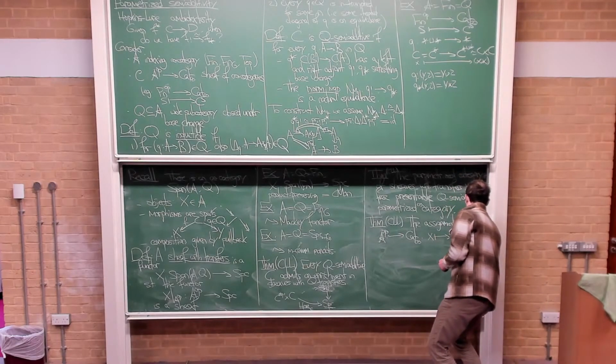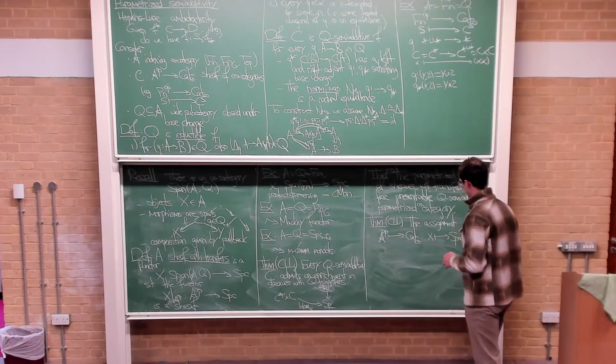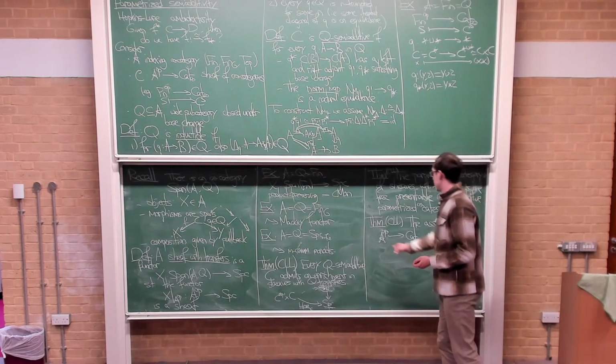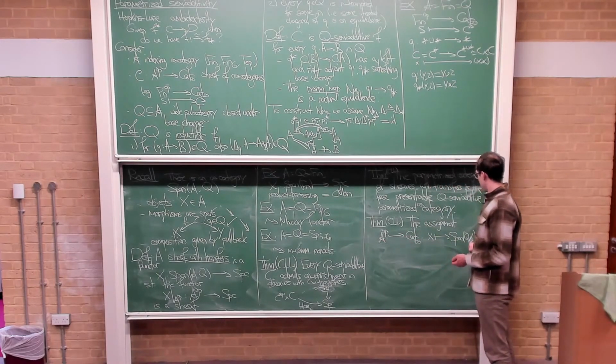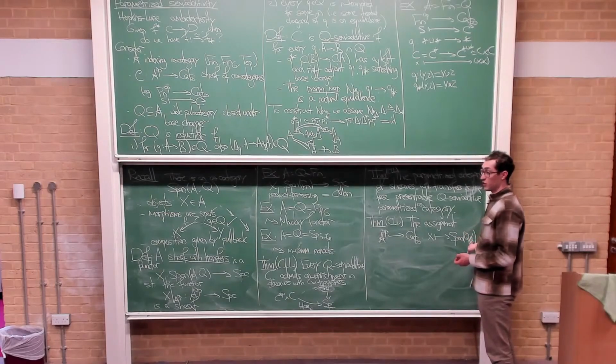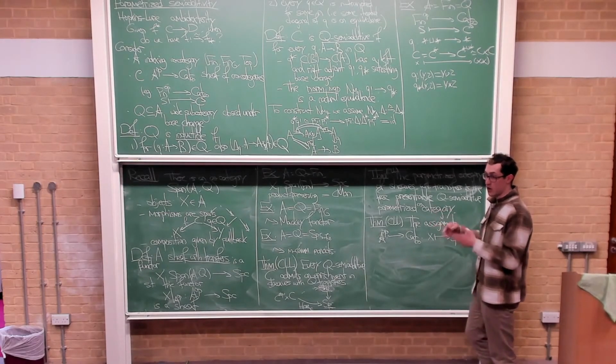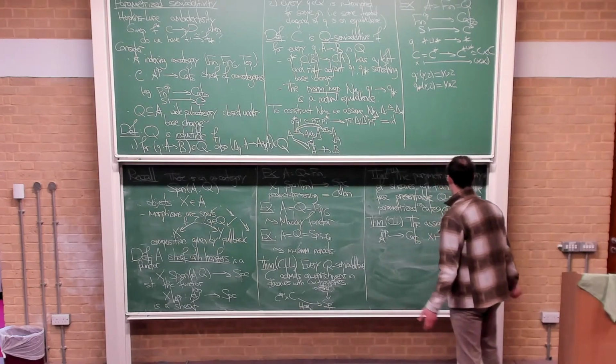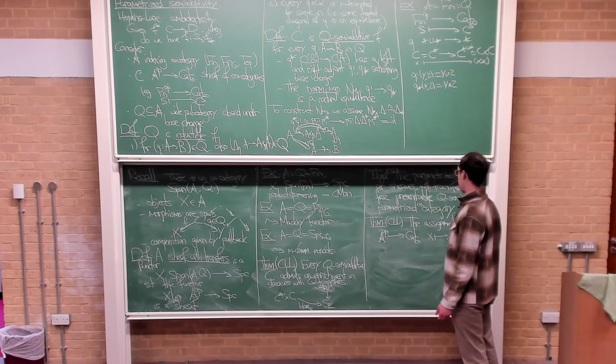So if you would do this in the equivariant setting, for example, and you would take X to be the point, you get finite G sets, but if you take it to be G mod H, you get finite H sets. So this collects all the category of finite equivariant things into a single parametrized category.